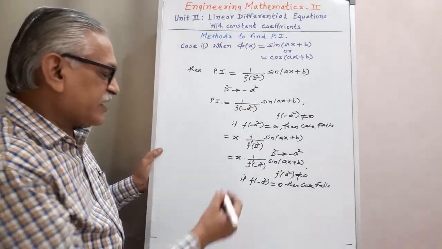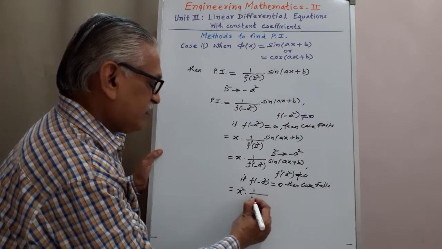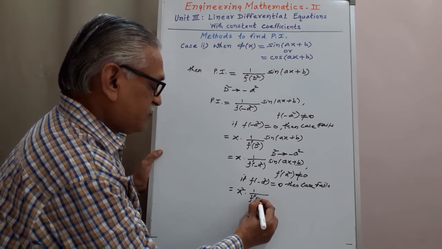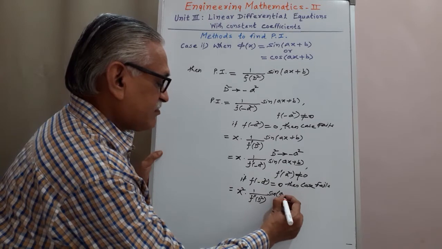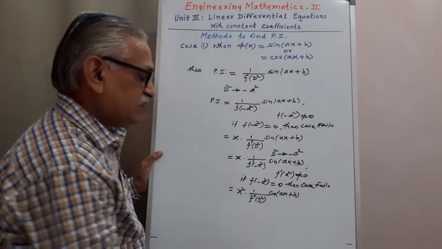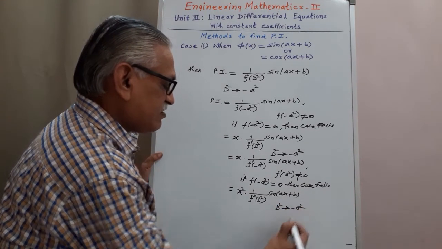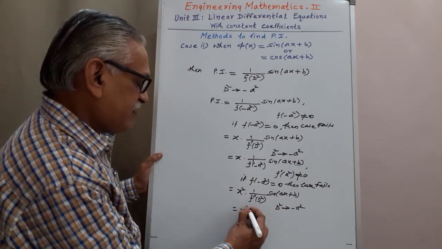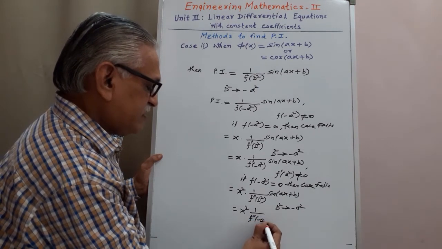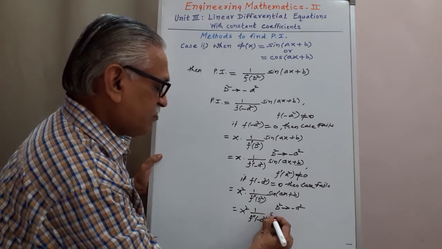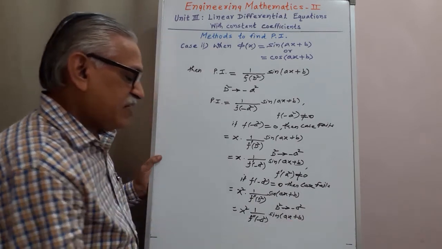And if the case fails a second time, PI is given by x square 1 upon f double dash of D square operated on sin of ax plus b, sin or cos, and once again we replace D square by minus a square, so that it is x square 1 upon f double dash of minus a square into sin of ax plus b, and so on.